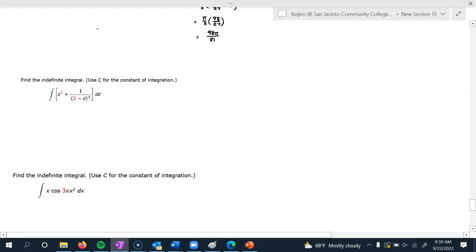You're going to raise the power by 1 and divide by the new power. The second one is not quite as clear, but it's actually also a power rule. However, it requires just the tiniest u substitution to deal with first.